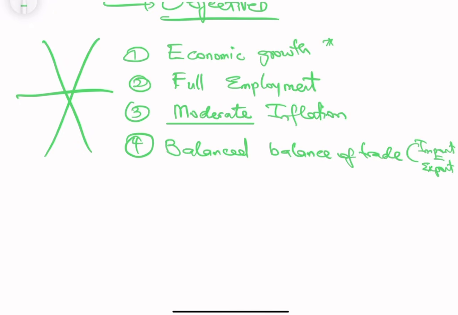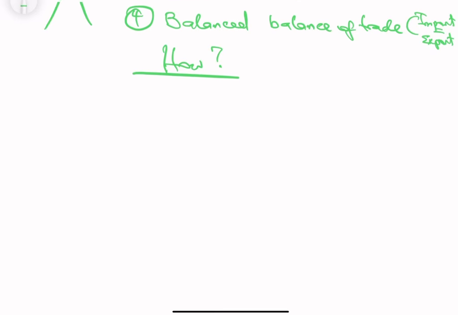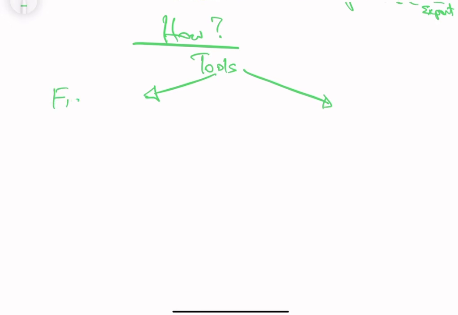And how would they achieve this? How will government achieve all those objectives? They will achieve those objectives by using two types of tools. Those tools are categorized as either the fiscal policies or the monetary policies.